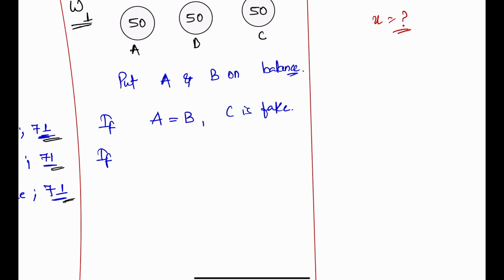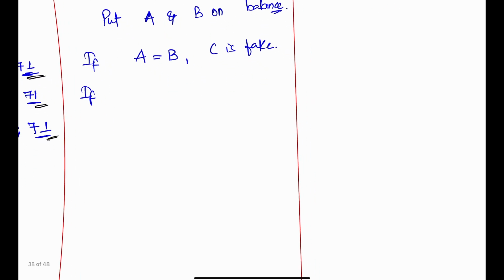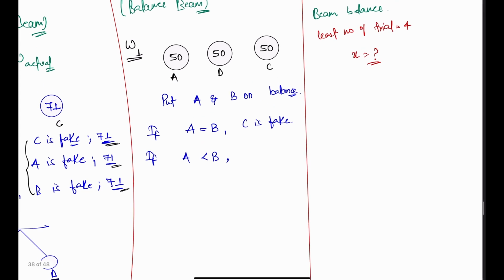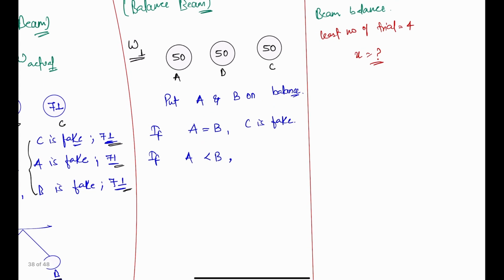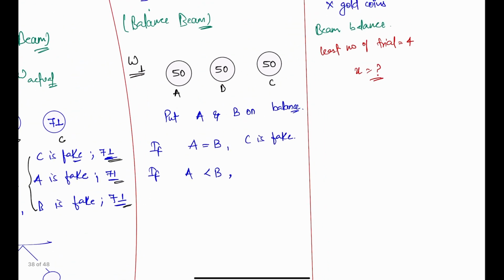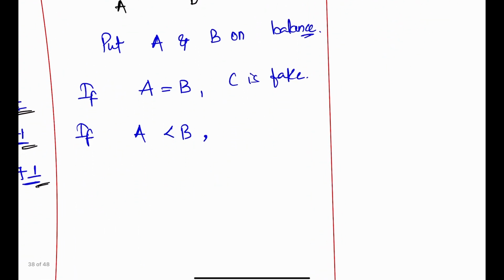But there is a different possibility which could arise, as if A is less than B. Can we derive any conclusion from it? If A is less than B, yes, we can derive something.